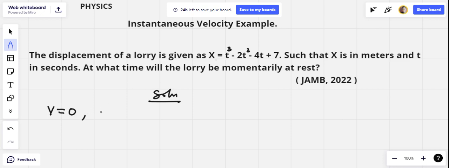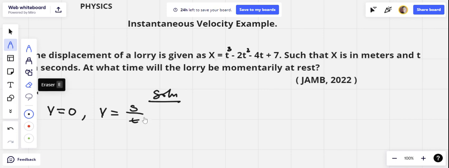And the definition of velocity is displacement over time. However, with respect to this question, our displacement we represent with capital letter X.